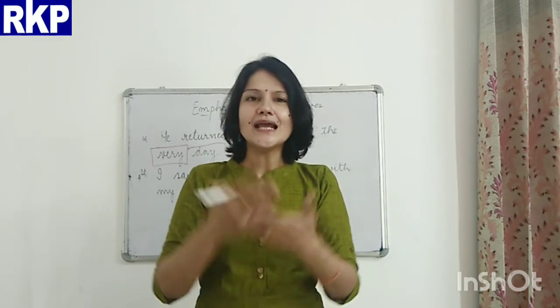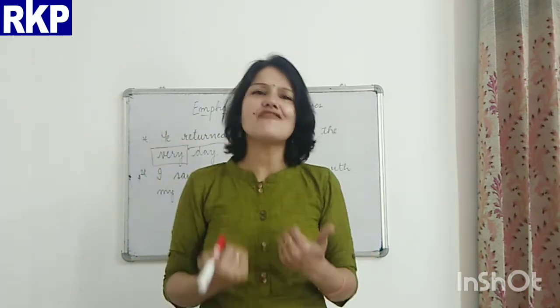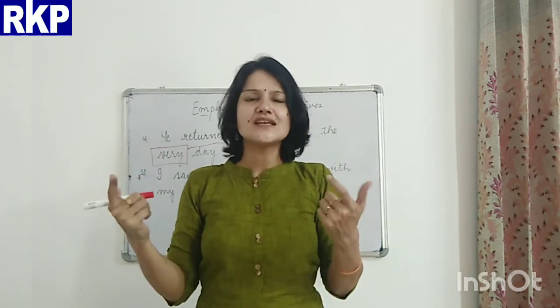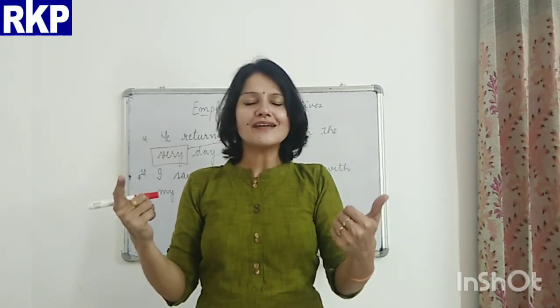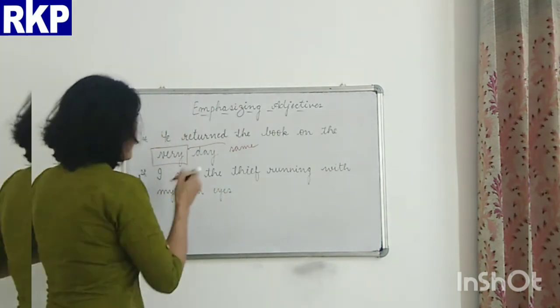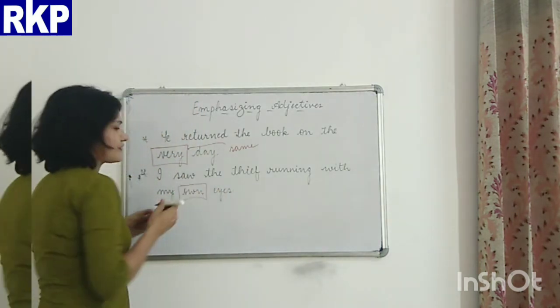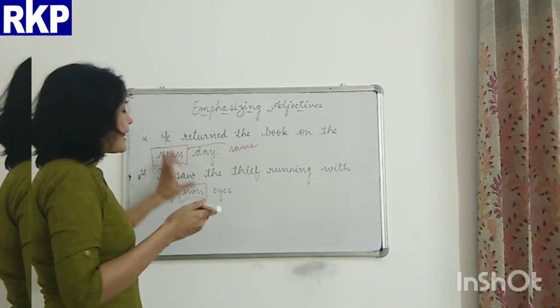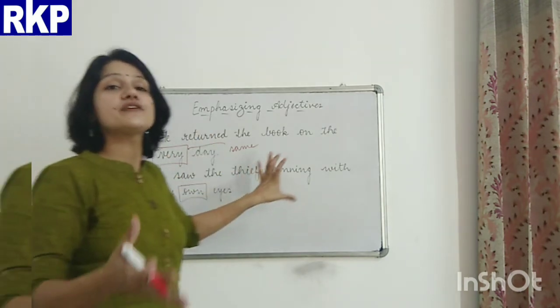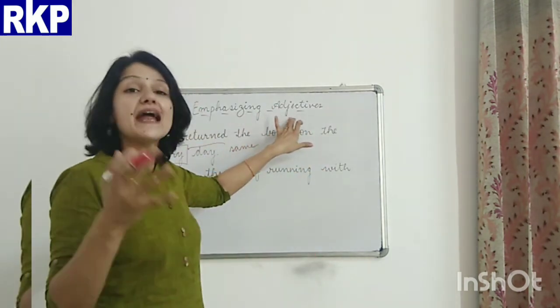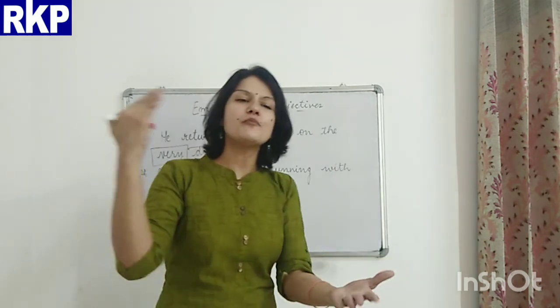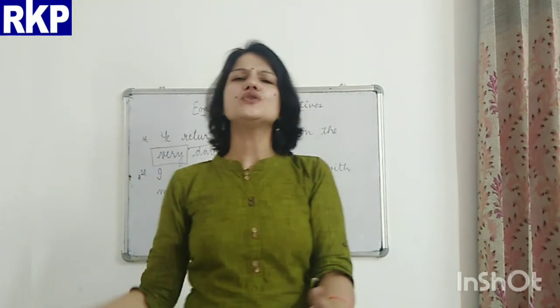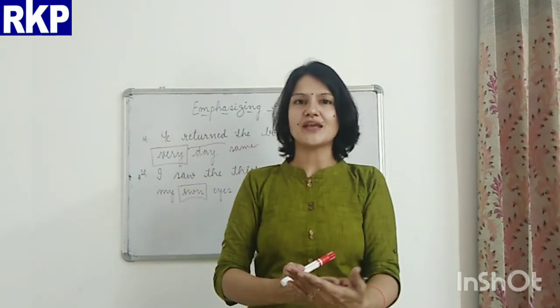It will make you believe me, that yes, she's true. So very and own, they both are emphasizing adjectives used to put more focus on something, more emphasis on something.